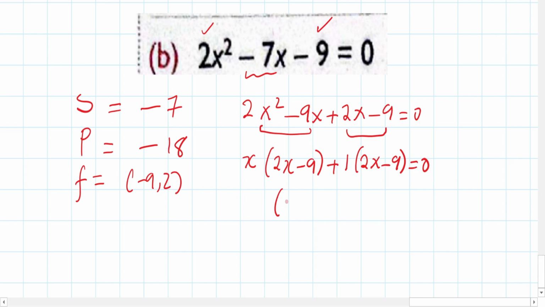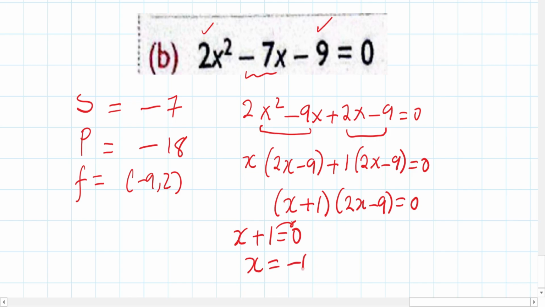Therefore, if you factorize, it's going to be x plus 1 and 2x minus 9, which is equal to 0. And just like the one that I showed before this question, we do the same. So we'll take x plus 1 equal to 0, and therefore x, if you put the 1 to the other side, is going to be negative 1. Or 2x minus 9 is equal to 0.